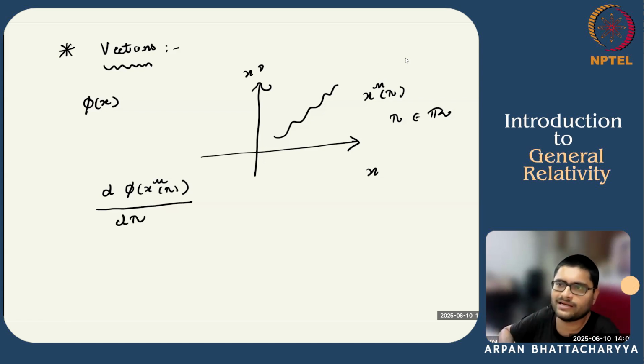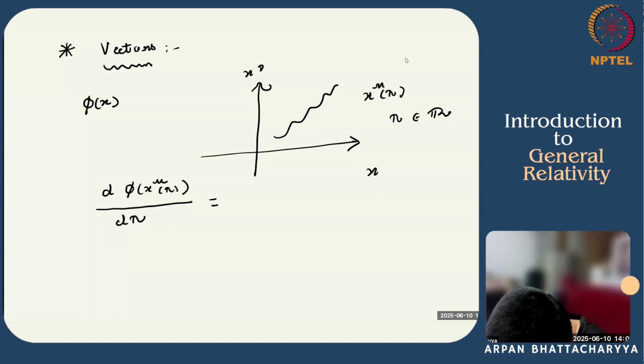This is nothing but the directional derivative. Now we know that phi is an implicit function of lambda through the coordinates, and we use the chain rule to get the following: dx mu by d lambda, del x mu acting on this function.